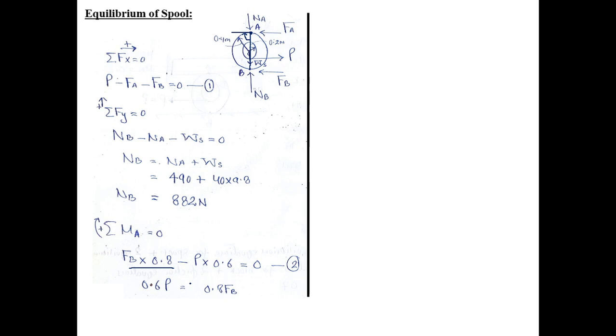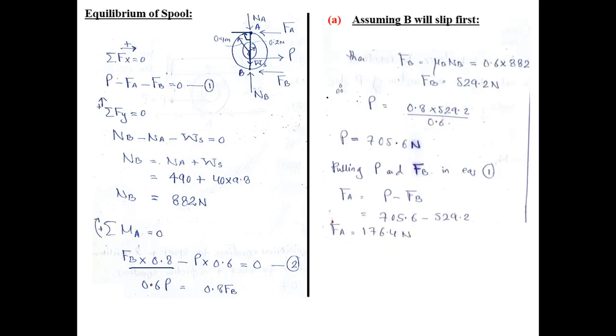So let's use the first assumption. This is our first assumption A. We are assuming that point B is going to slip first and point A is going to remain stationary. So when point B is going to slip, we can use FB equals mu B NB for point B. And since we have the value of NB with us, 882 Newtons, and the friction coefficient at point B is defined to be 0.6, this means that FB is 529.2 Newton.